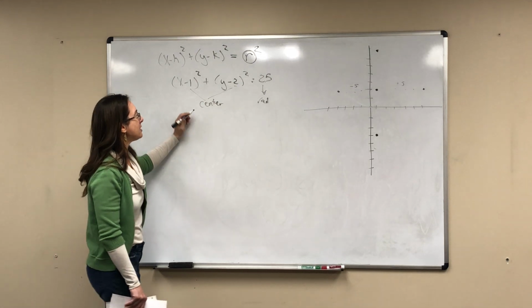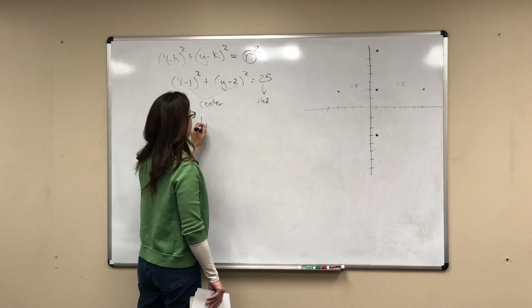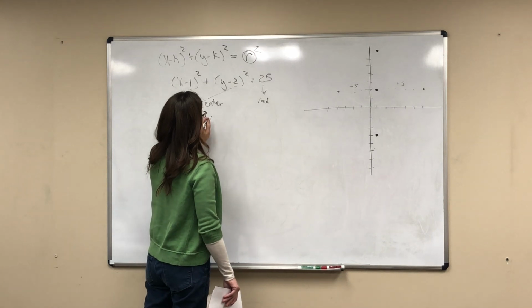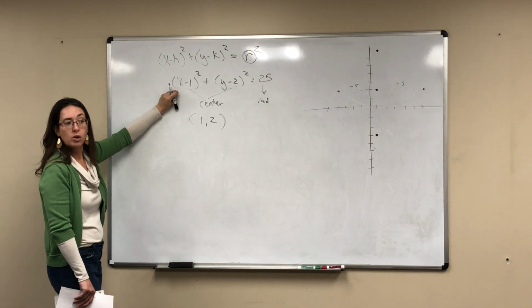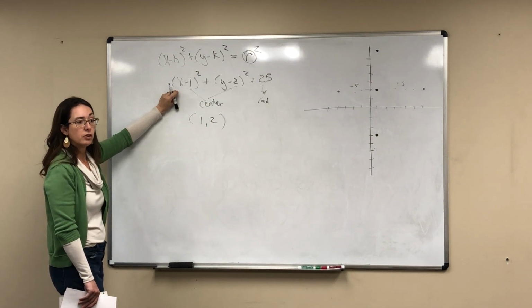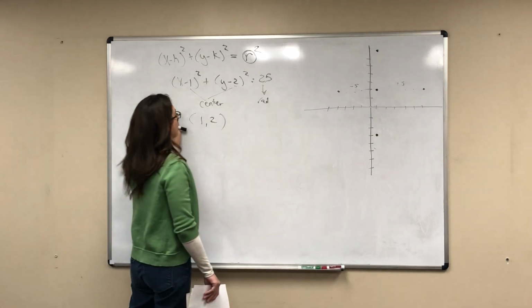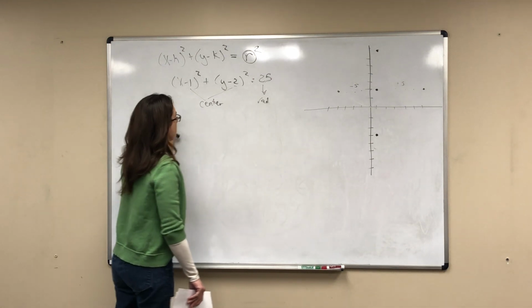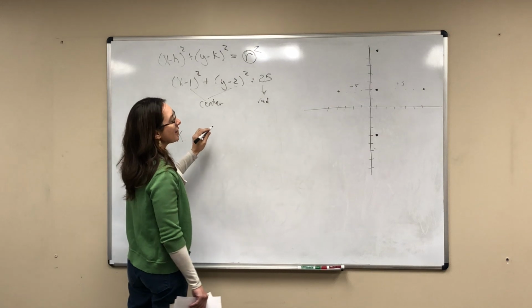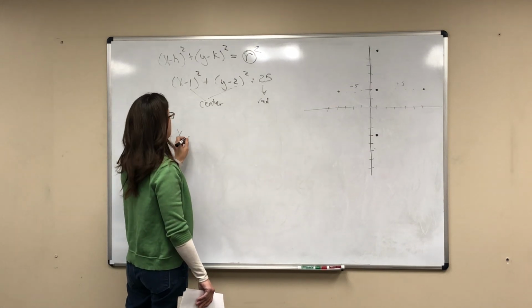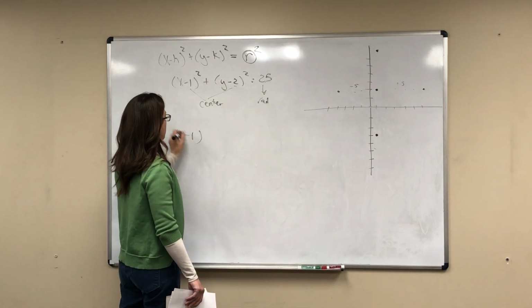So if they give us the center and they say graph a circle whose center is at 1, 2, we can already fill in one whole side of the equation, correct? So I would already know, well, okay, and let's do center at 1, 1.